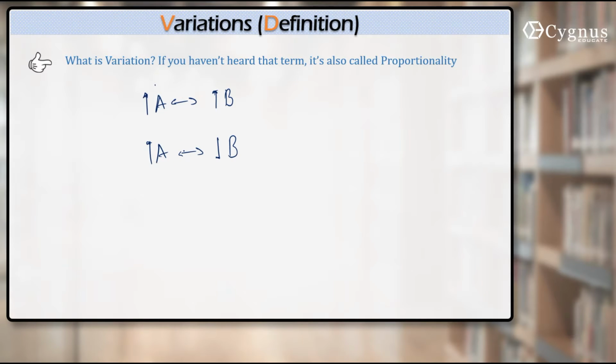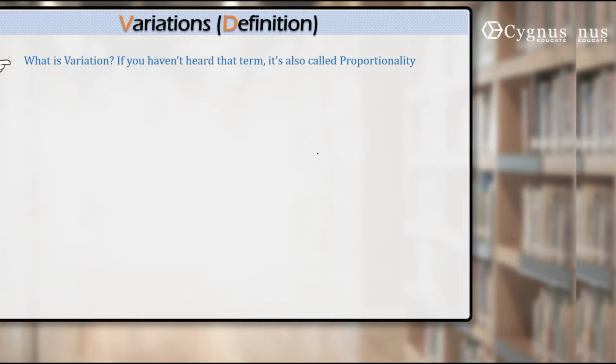Now, what kind of relationship is there? Both of them are increasing together, so we call it a direct relationship. And this is the inverse case. With an increase in A, there's a decrease in B. So we call it an inverse relationship. Yes or no? Let's see how we solve it.